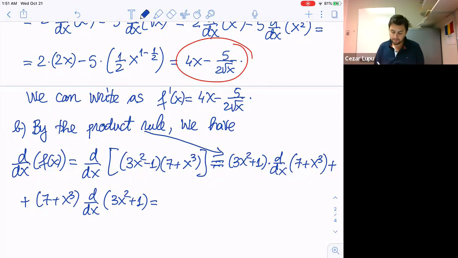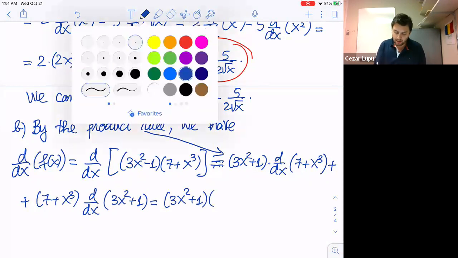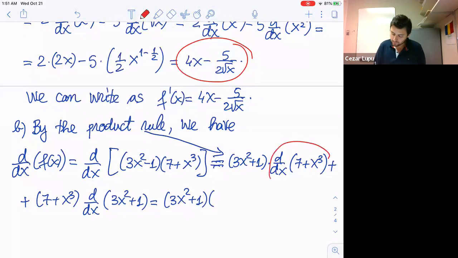So this would be 3x squared plus 1 times the derivative of this guy here. If you look at this guy here, the derivative of this will be nothing else than just what? That will be the derivative of 7. So we apply the sum rule, but anyway, I'm just going to skip it. So it will be 0 plus the derivative of x cubed, which will be 3x squared.